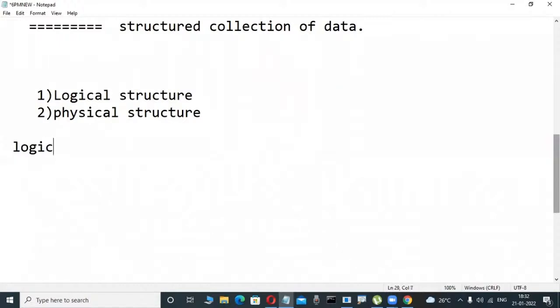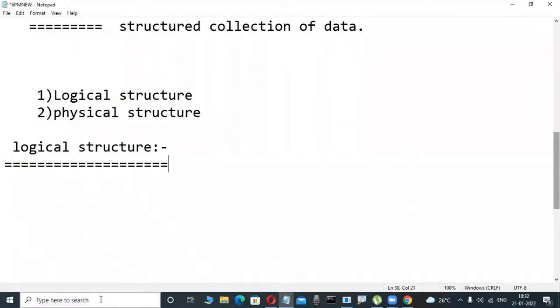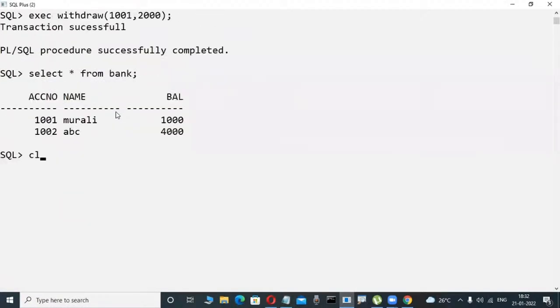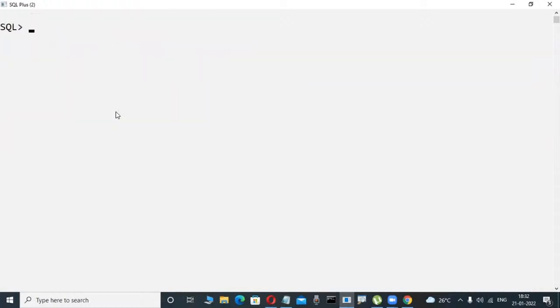Now here, check it out. Slowly observe it here. What a logical structure is, is easily understandable. Suppose today I'm installing Oracle, for example. Okay, fine. In this Oracle software, I try to create a table.